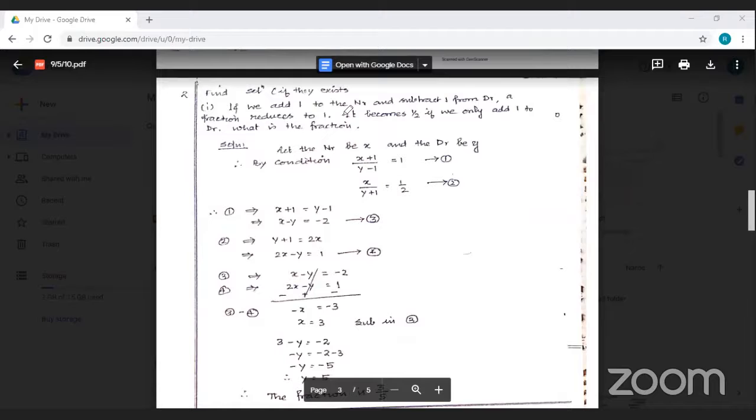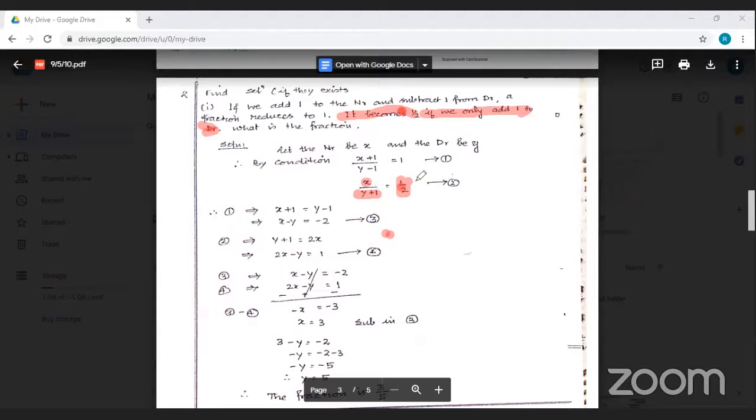Another condition is given. It becomes 1 by 2. The answer will become 1 by 2 if we only add 1 to the denominator. The numerator is as it is, x only. We are not doing anything. Only we are adding 1 to the denominator.